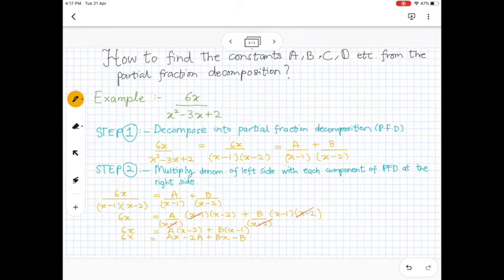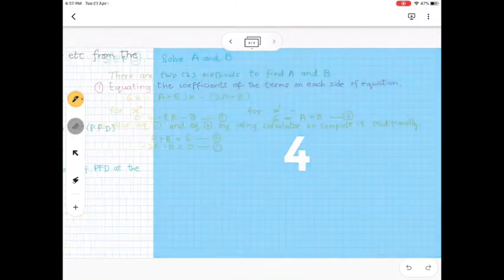The next step is to rearrange it so that for ax plus bx, you have the common factor, which is x, and then minus 2a minus b. That will be your second step.